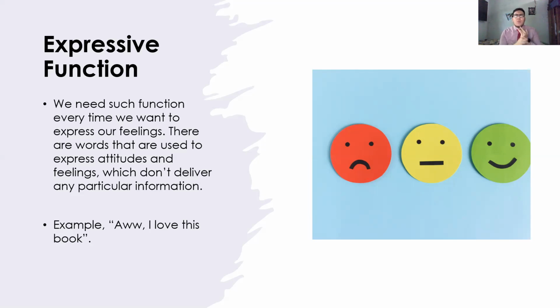We don't care about what book this is, or maybe we have been applying the informational function before, but now when you say something like, oh, I love this book, you're just expressing something. And since the moment you use the verb love, it's because you like something, you're attached to it, right?